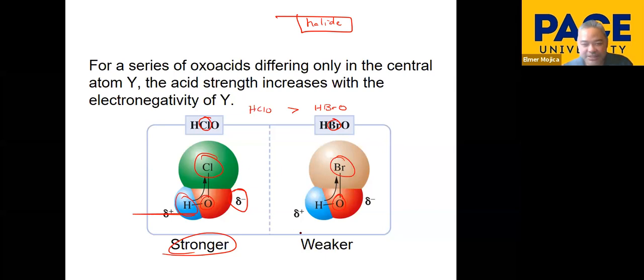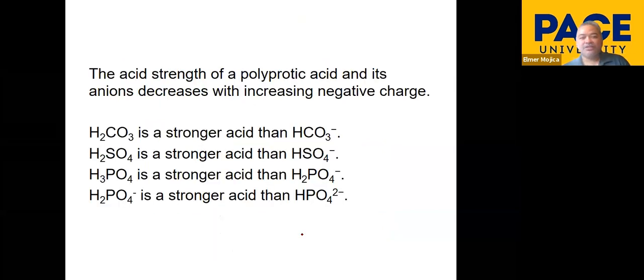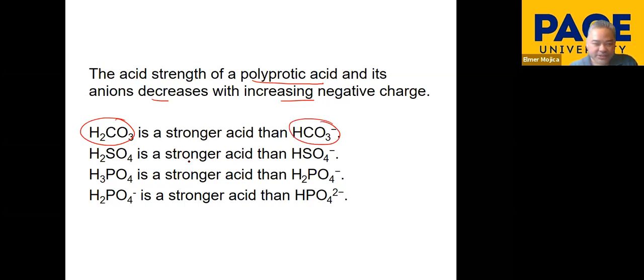Now, the last basis that we have to determine the acid strength is if we have a polyprotic acid. Its acid strength decreases with increasing negative charge of the anions. So what does it mean? The more hydrogens that you have, the greater the acidic strength. So H2CO3, carbonic acid, is always stronger than bicarbonate.